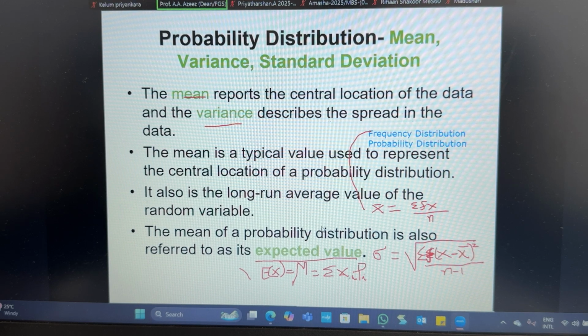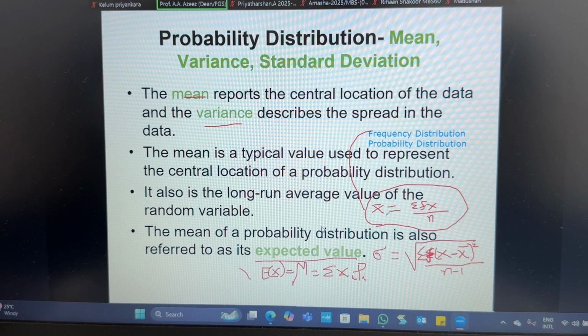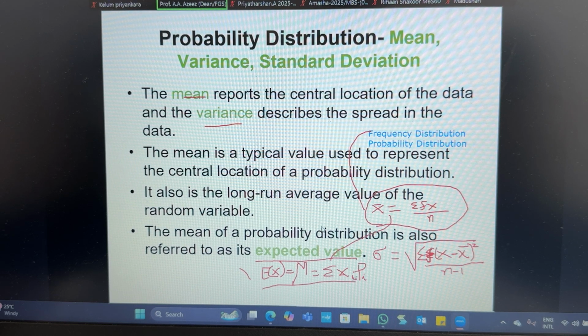You multiply these and don't divide by n. So instead of the earlier formula, we use this one for the probability distribution.